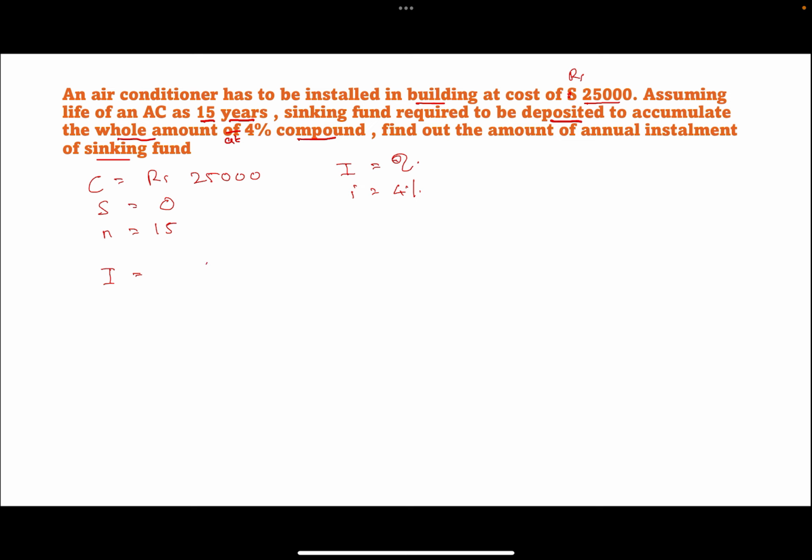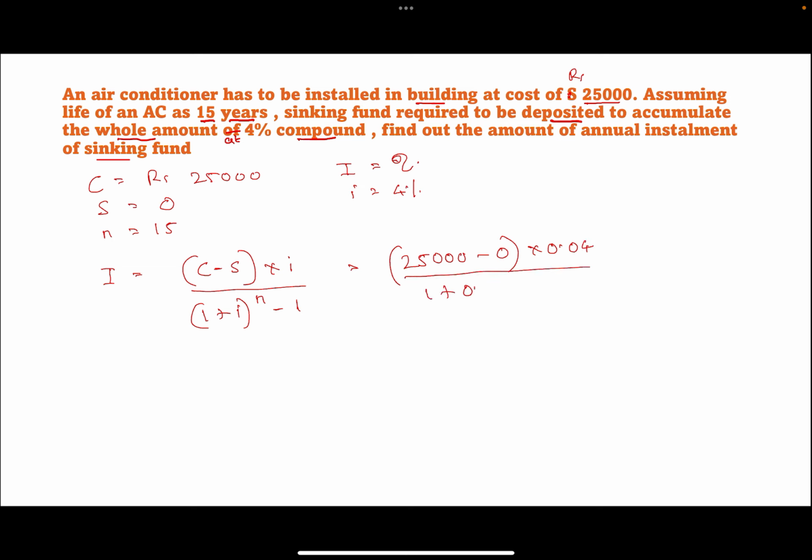You can use the formula, that is (C minus S) into i, that is the annual interest, divided by (1 plus i) whole raised to n minus 1. So here this will be 25,000 minus 0 into the interest 0.04 divided by (1 plus 0.04) whole raised to n, so n is 15 years, minus 1.